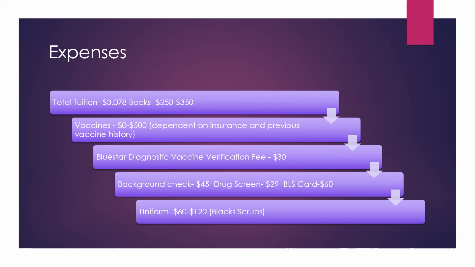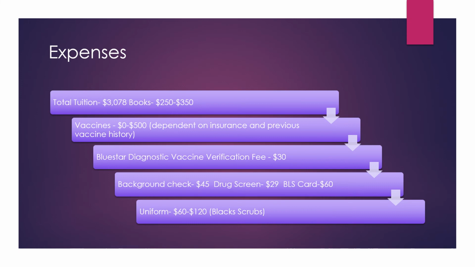Vaccines can run, depending on what all you need, anywhere between $0, if you don't need anything, all the way up to $500 if you don't have any insurance. Blue Star Diagnostics also requires a $30 fee, and this $30 fee is for verifying all of your vaccinations and putting them into that one-page form that I talked about earlier.